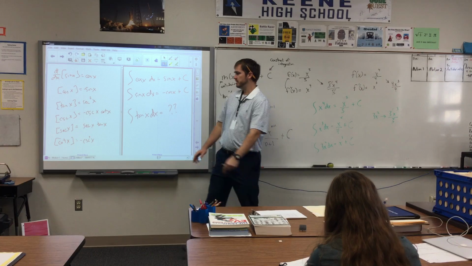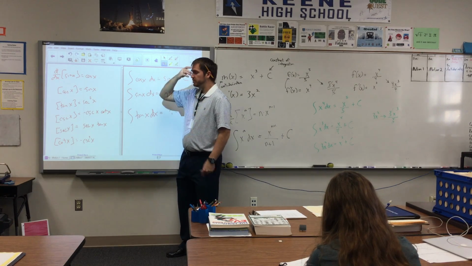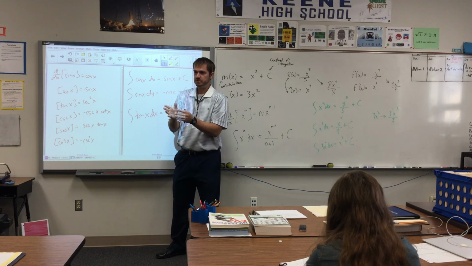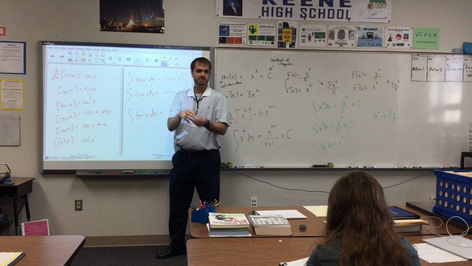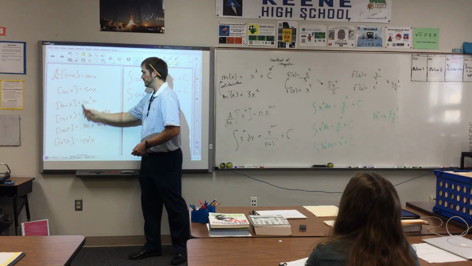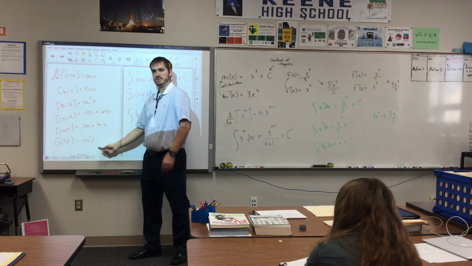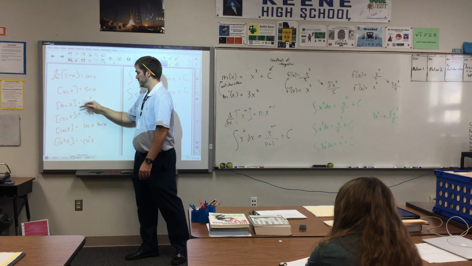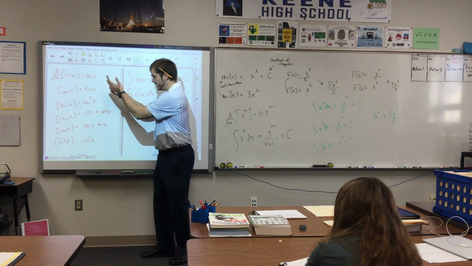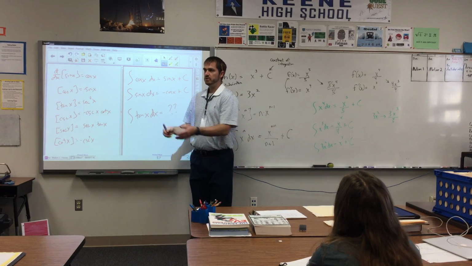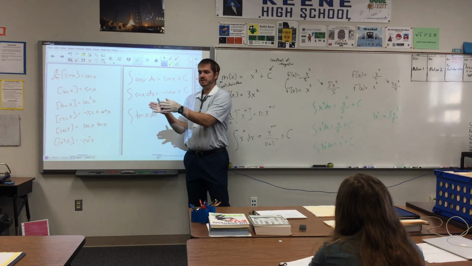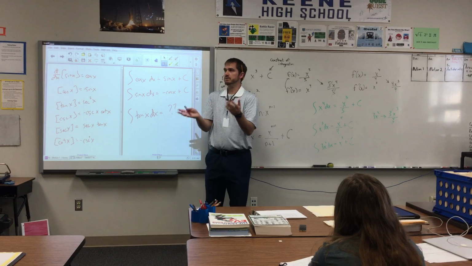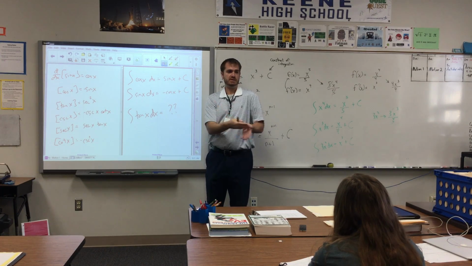The only things that we know how to take the antiderivative of are things that were the answers when we found the derivative of a previous function. We can only go from here to here, and tangent is not on that side. So if I ask what's the antiderivative of tangent, you don't know, because you don't know a function whose derivative is tangent.